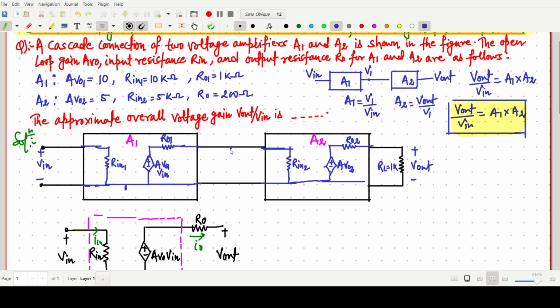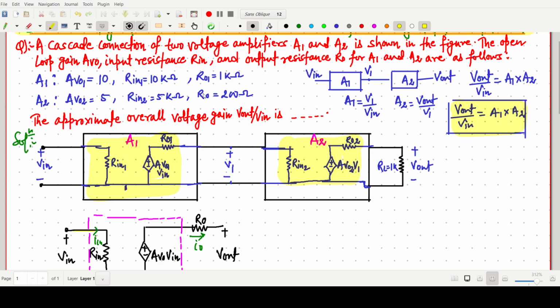For the time being we are saying this voltage is simply V1, so it should be AV naught 2 into V1, and it is connected. This one is the overall circuitry I am highlighting. This part is very important for this question. We have made the equivalent voltage amplifier circuitry inside the blocks for A1, A2.